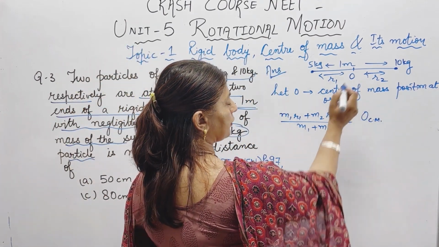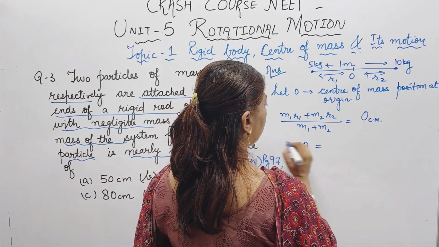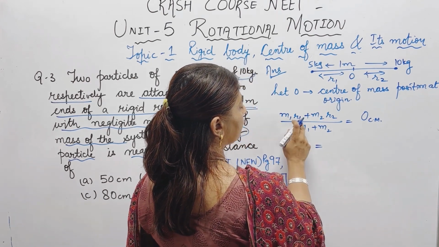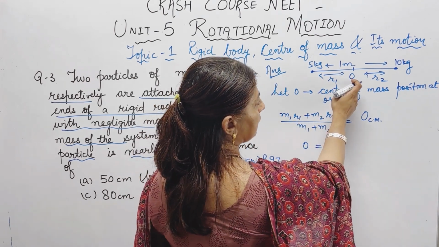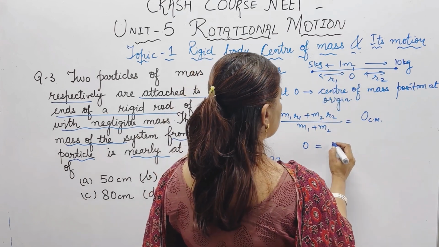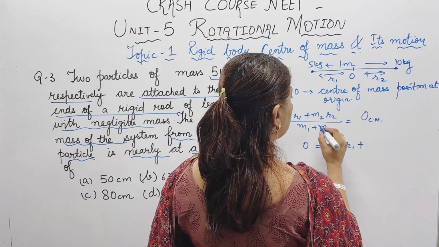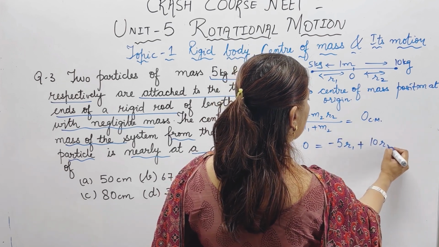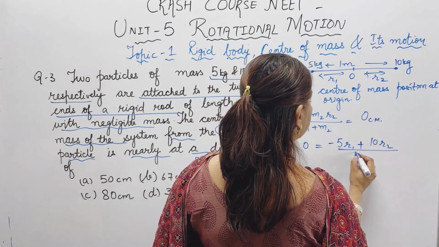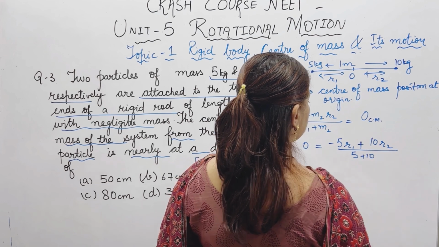Now this is lying at the origin, so this value is 0, and M1 R1, since this is lying on the left side of the origin, takes a minus sign, plus M2 times R2, that is 10 R2, divided by 5 plus 10.